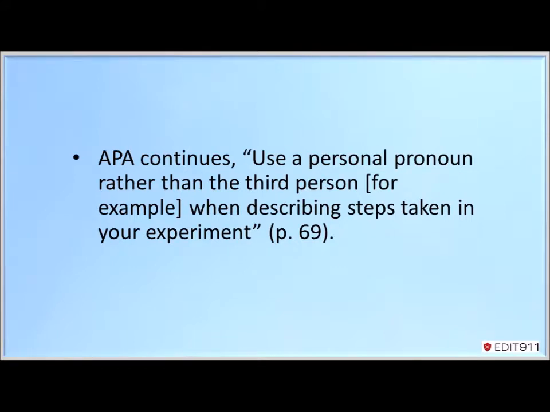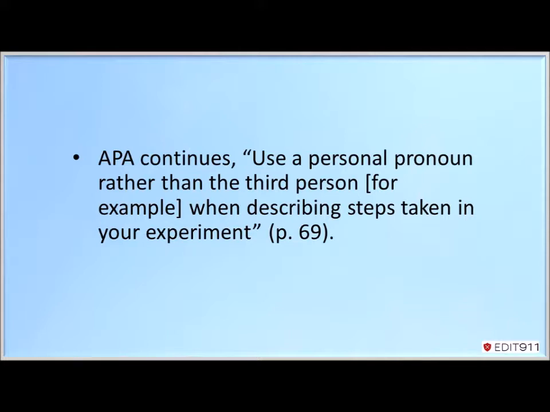Now, the APA comes in again and tells us that we should use a personal pronoun rather than the third person, for example, when describing steps taken in your experiment. So this is a specific time when you, the author, have done something and you need to talk about it, and trying to dodge around the use of first person is just going to make your prose look awful.